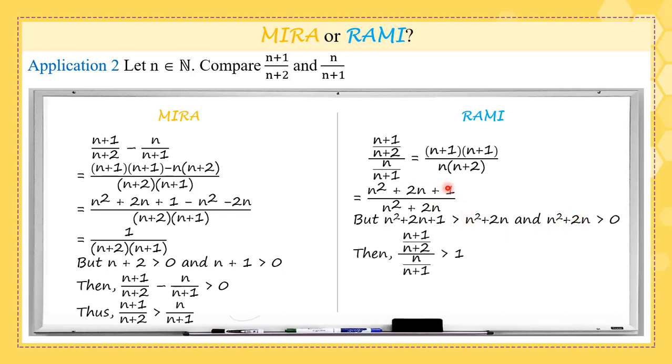This means that the quotient is greater than 1. So you could also deduce that n plus 1 over n plus 2 is greater than n over n plus 1. Now, which method do you prefer? I think both methods are correct, but pay attention to state all the required conditions.